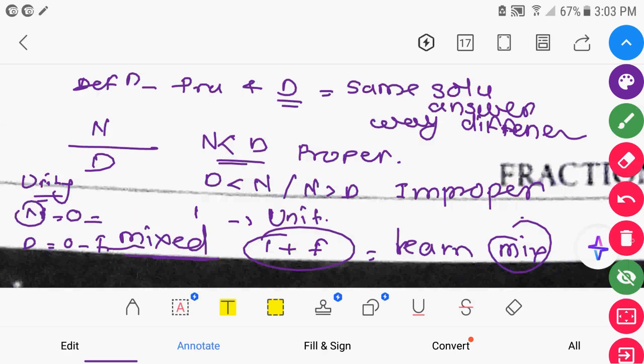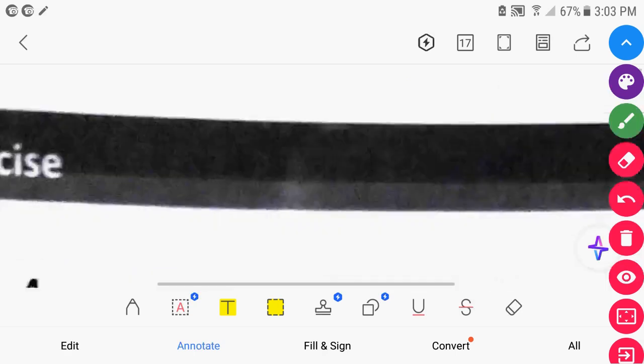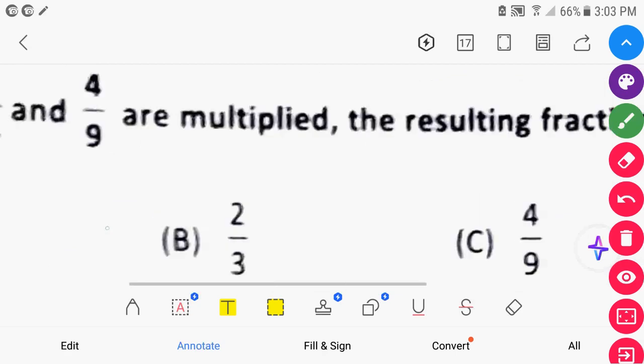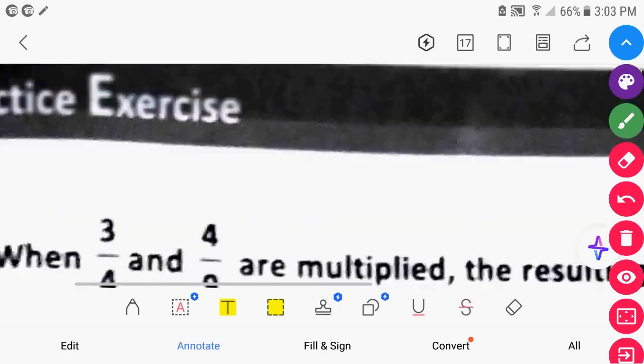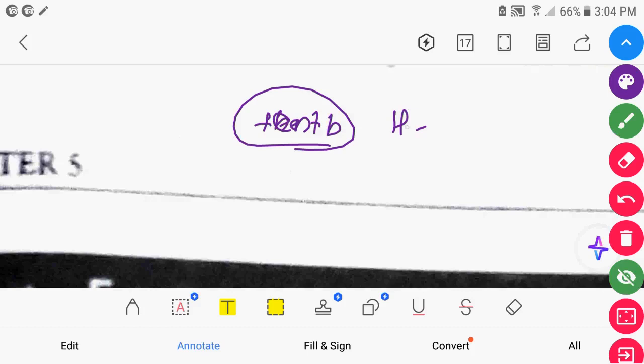Then we learned the operations related to fractions, like addition, subtraction, multiplication and division. And we learned about the decimal, that is the 10th position, then 100th, then 1000th.